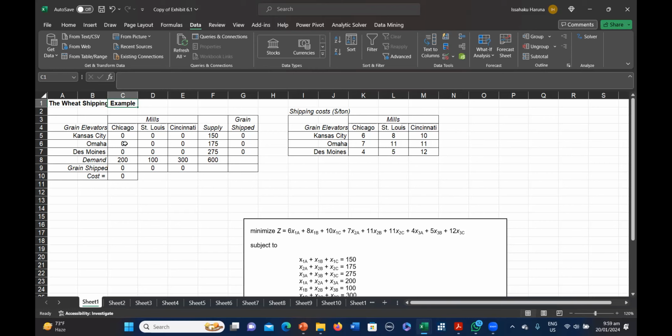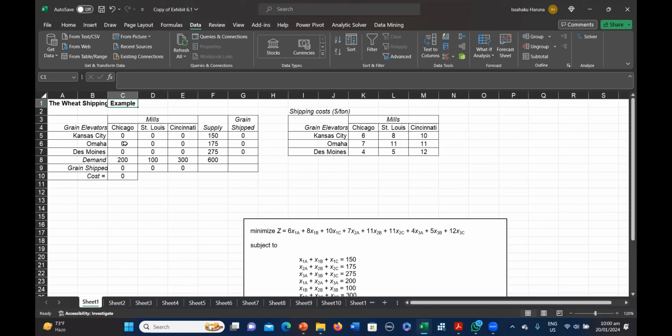The amount supplied, 150. So that sum is this column, which will be this plus that plus that. That is this. And then if you come to this column, this plus that plus that plus that will be equal to this. This plus that plus that plus that is equal to this.